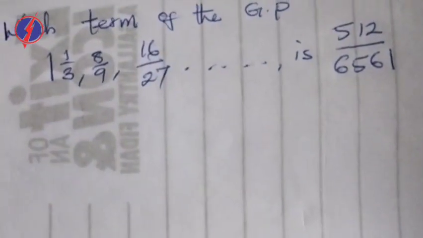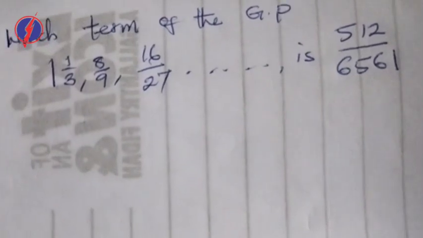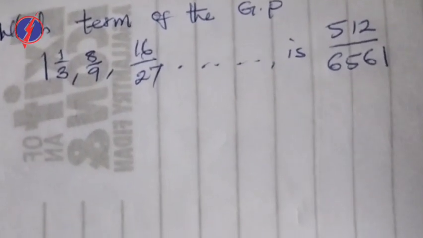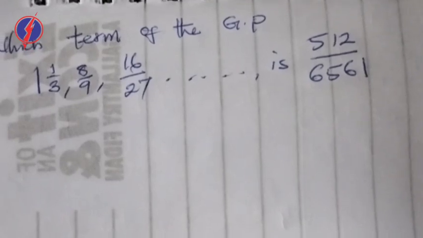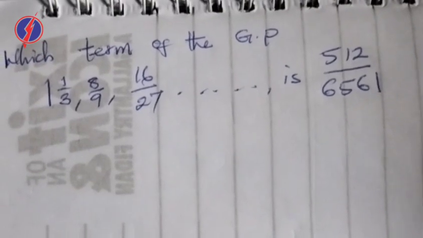So in GP, we know that if we have something like this, we have to first of all get the common ratio of the term.